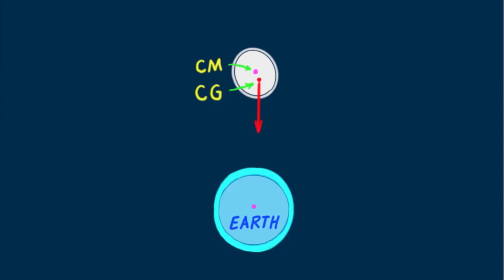This red vector from the Moon's center of gravity is the gravitational force that Earth exerts on the Moon. The Moon's long axis, through both its centers of mass and gravity, is shown by this white dashed line. The result is a torque about the Moon's center of mass, which tends to rotate the long axis of the Moon into alignment with Earth's gravitational field.